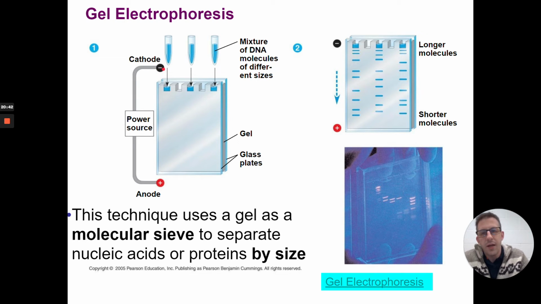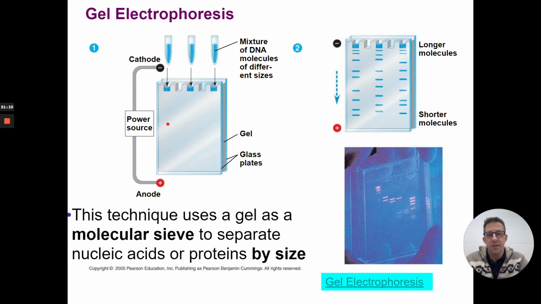And so what ends up happening is that DNA is actually negatively charged, okay? And the DNA sits in these little compartments up here, these wells. And when we start to run the electrical charge through the DNA, what happens is this negative charge coming here actually repels this DNA, and it actually works its way through this gel.